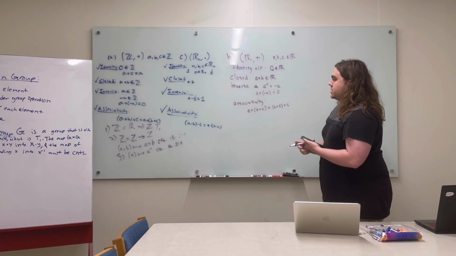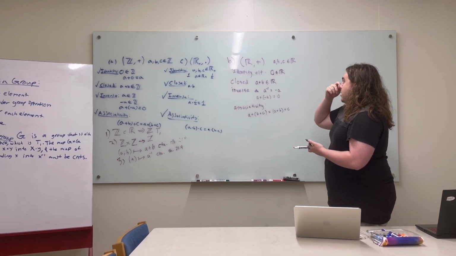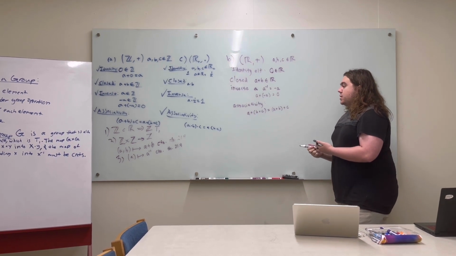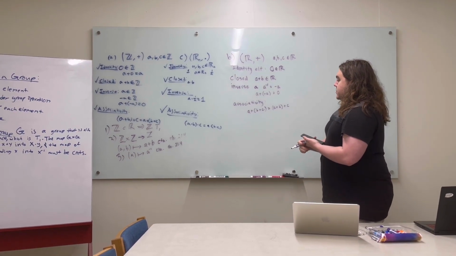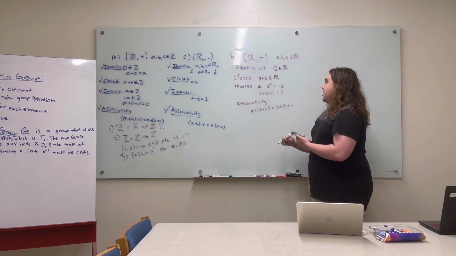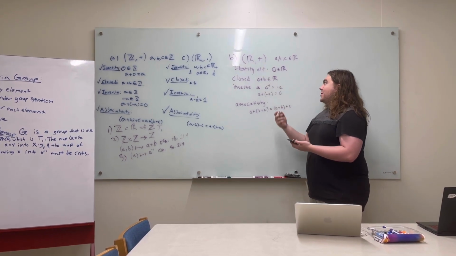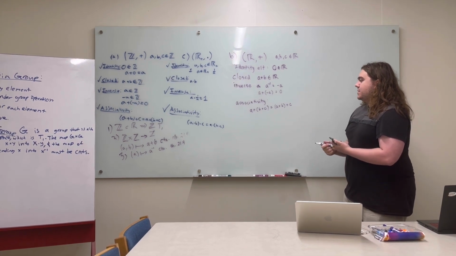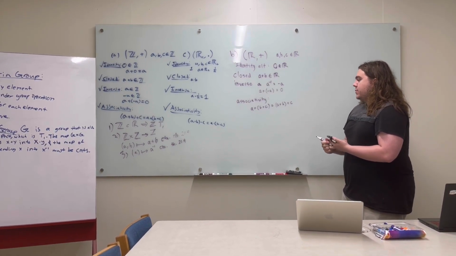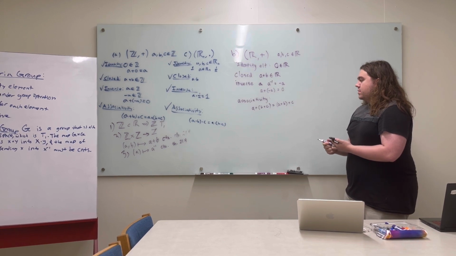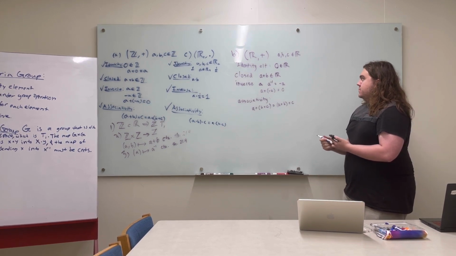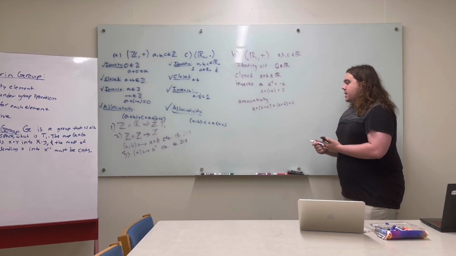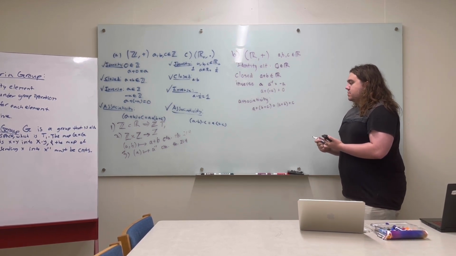So we've shown that R with addition is a group. So now we need to show that it's a topological group. Once again, R is a subset of R, obviously, so it's T1. And then once again, by theorem 21.4, addition in the real numbers is continuous, and taking inverses in the real numbers is continuous.